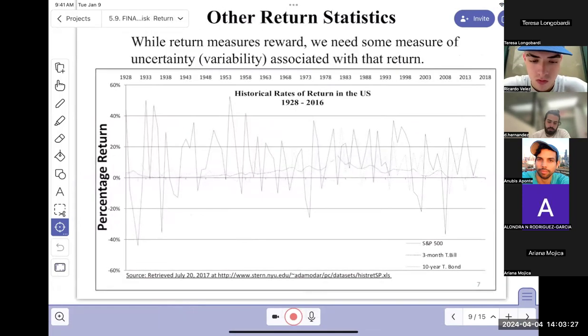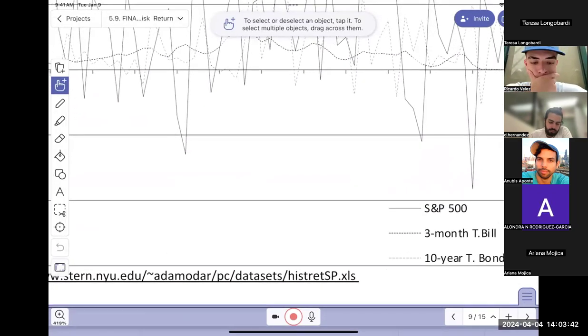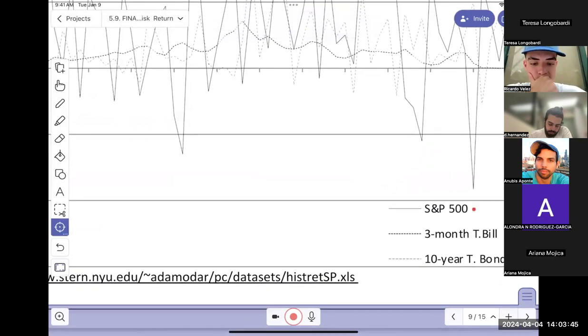How do we measure volatility? So here's a graph showing you the returns historically over an 80-year period, the returns to 3 asset classes. The S&P 500 is a measure of risky assets.